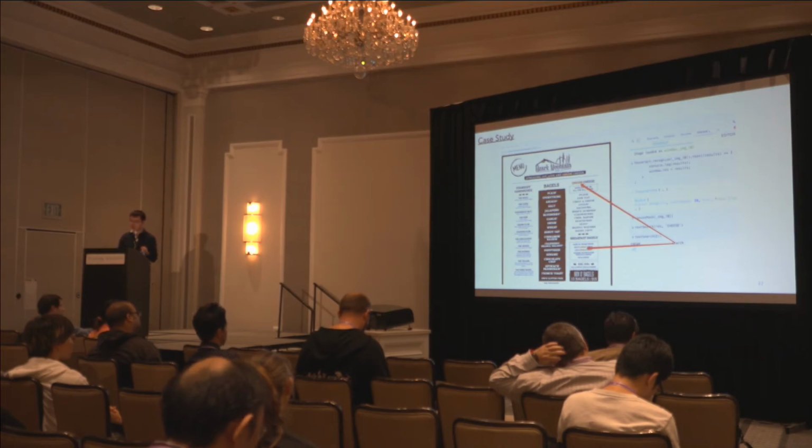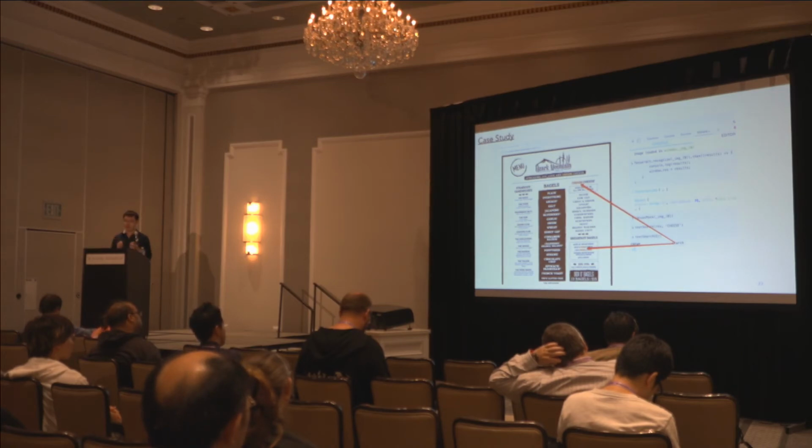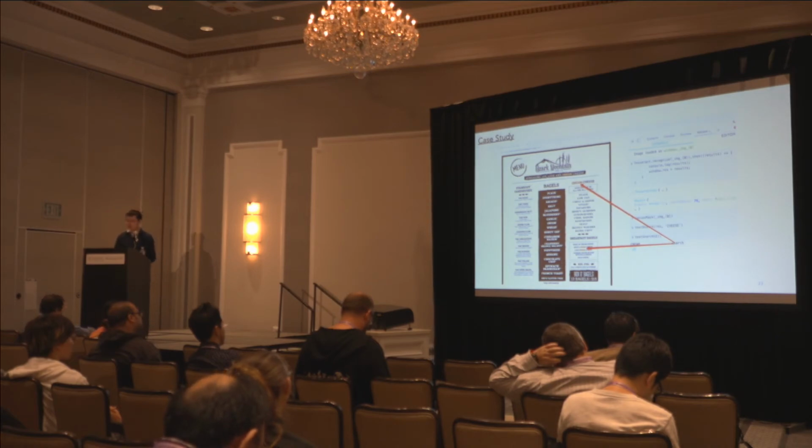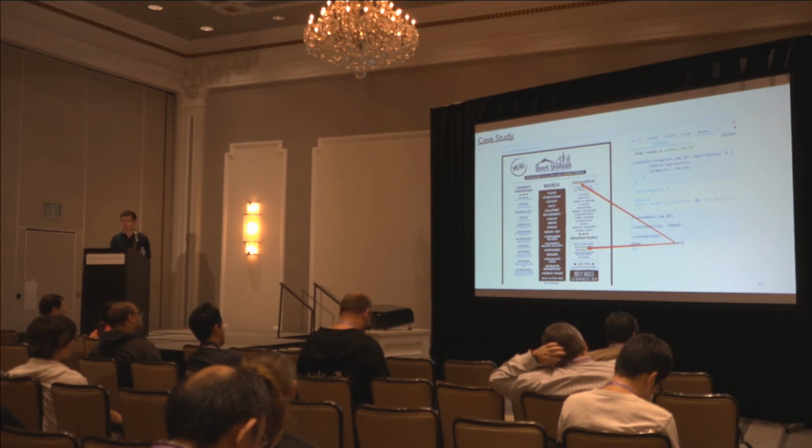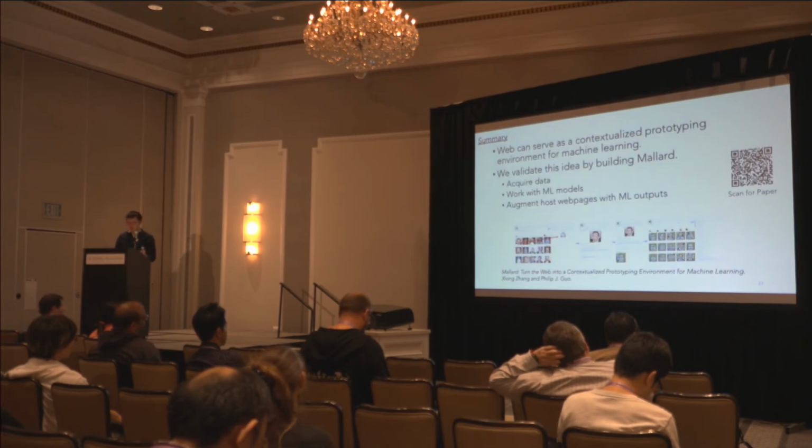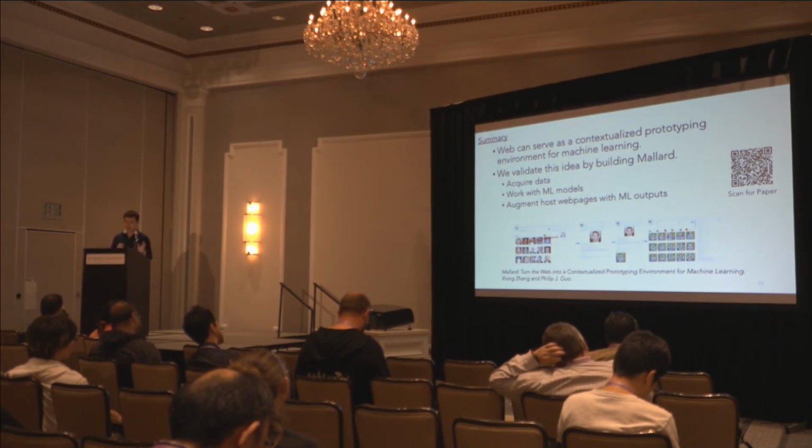Similarly, we can also prototype a search-text-on-image feature with Mallard and an OCR library. This is especially useful when you are looking for certain dishes on a restaurant's website, but it posts its menu as an image.